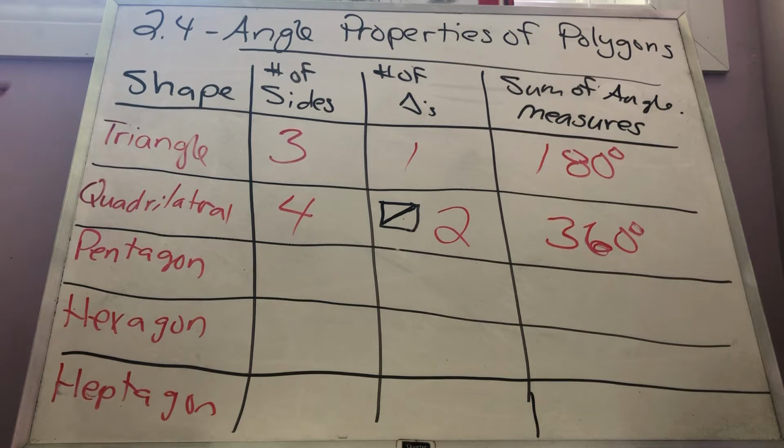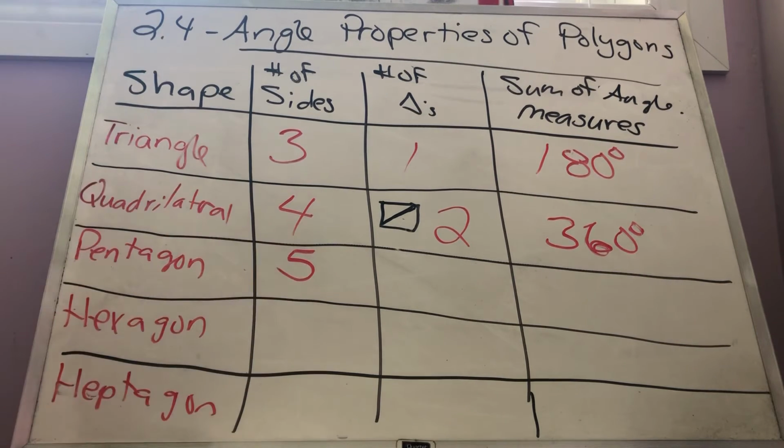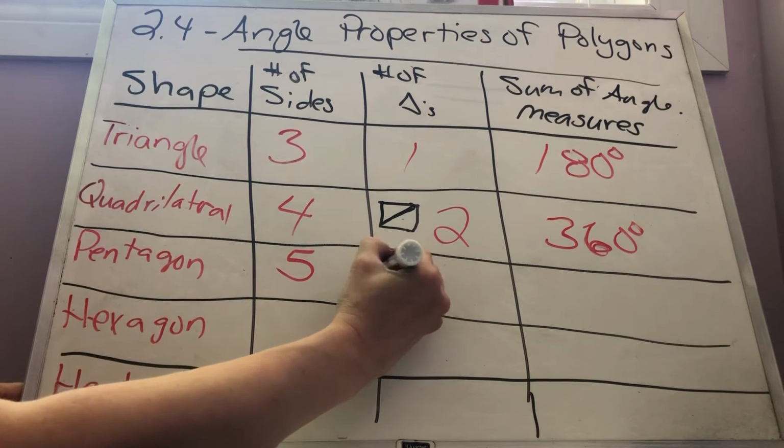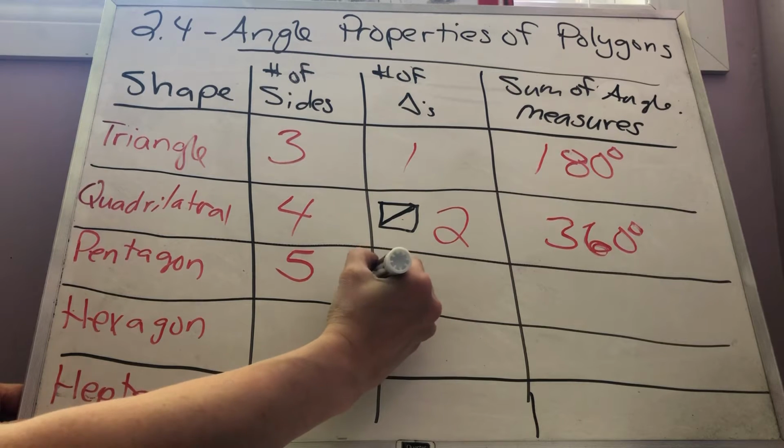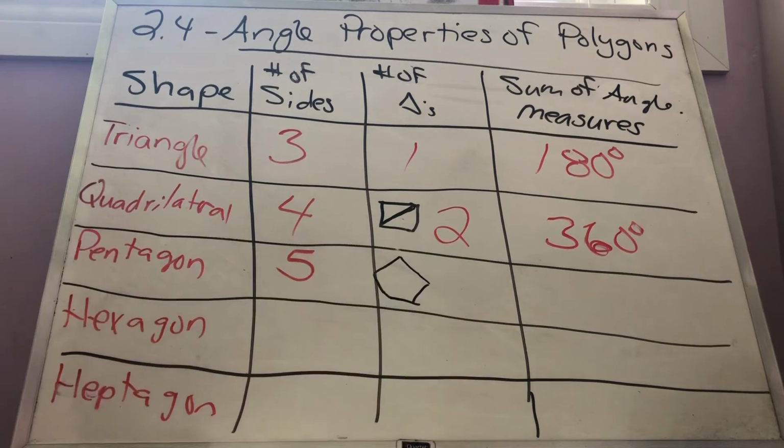So a pentagon has 5 sides, right? Now, the number of triangles might be a little bit more, well, I'm not sure how many are in there. After this, you might sort of see a bit of a pattern. If I drew a pentagon, a 5-sided shape, like so, how many triangles can I pull out of that?